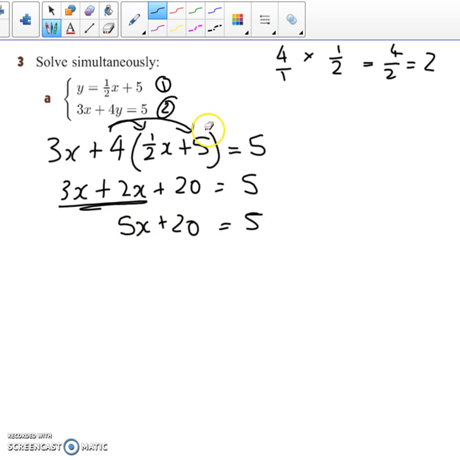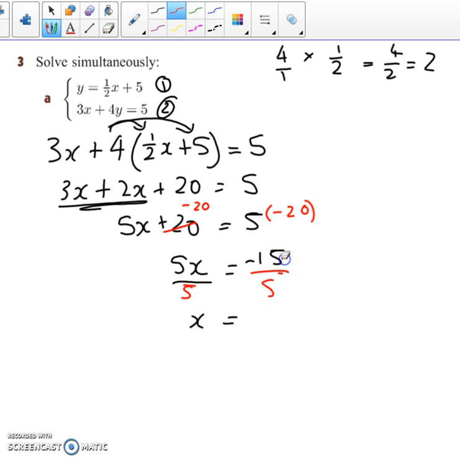We're going to get x by itself, so we're going to get rid of the 20 by taking 20 from both sides. So we have 5x equals 5 take 20, which gives us negative 15. Now we're going to divide both sides by 5, so x will be alone. Negative 15 divided by 5 is negative 3. So that one worked nicely.